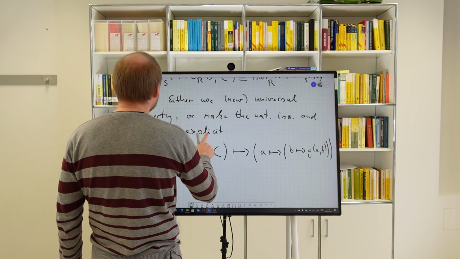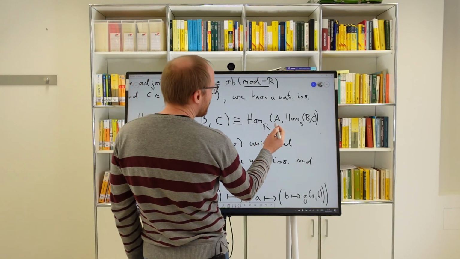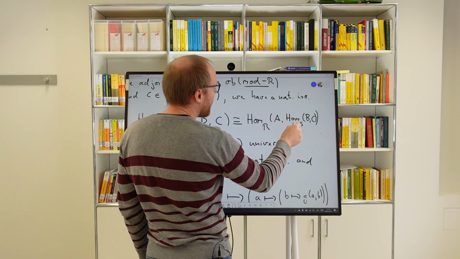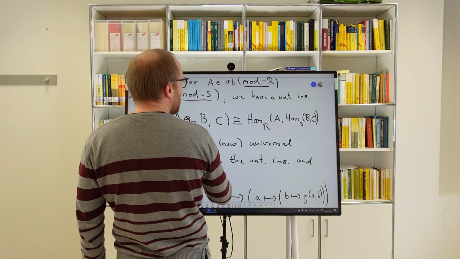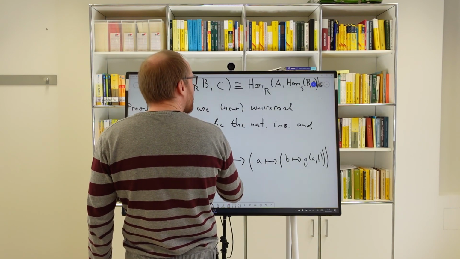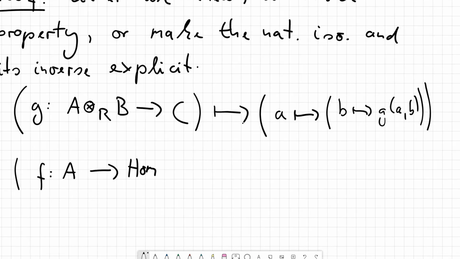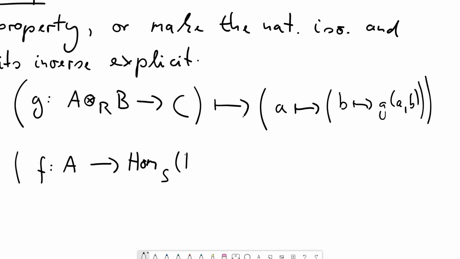Okay, so let me bring it back into light again. So I now start with a homomorphism F from the right R module A into the right R module of homomorphisms from B to C. So that's F going from A to Hom S, yes, Hom S, from B to C. And I need to come up with a homomorphism defined here on the tensor product and going to C. So I need to say what it does on an elementary tensor.